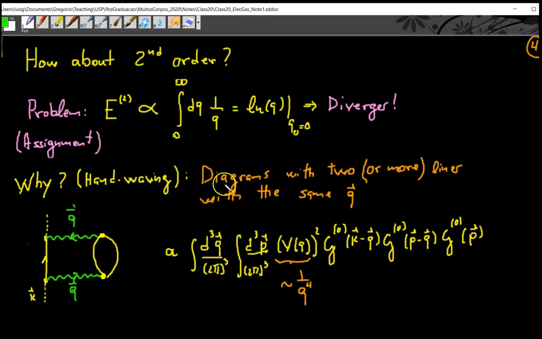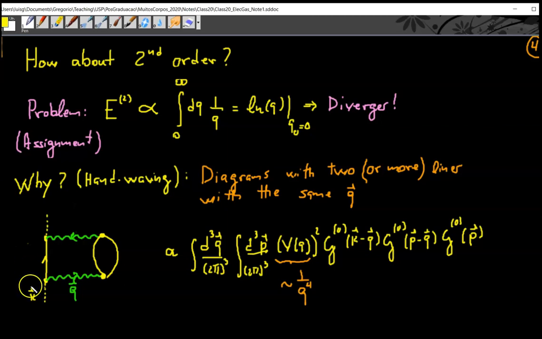The argument I'm going to make is that this divergence comes essentially from diagrams with two or more interaction lines with the same momentum q. For instance, this diagram here. Let's erase this so that you can figure out together that these two lines have the same momentum.